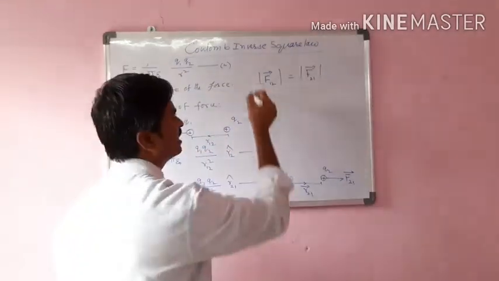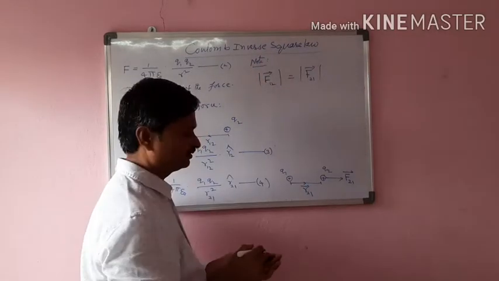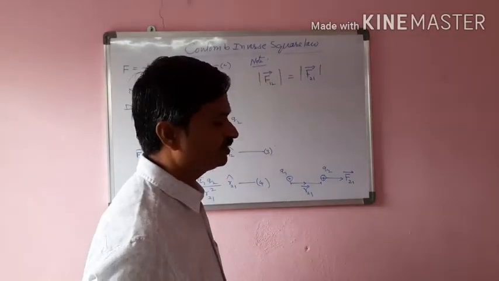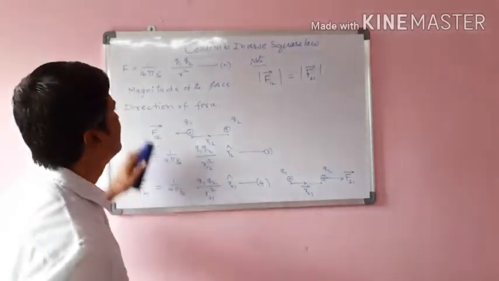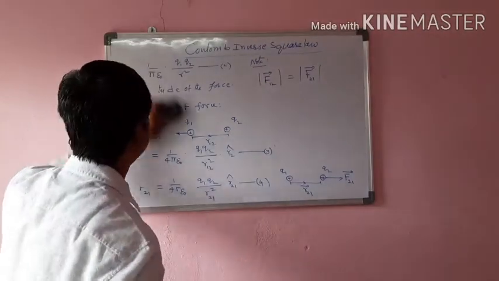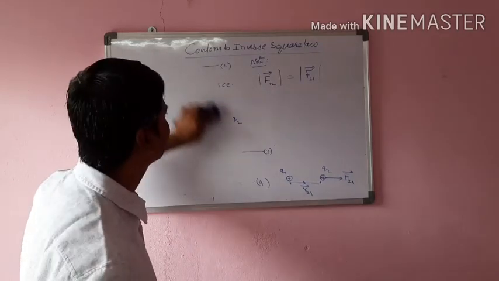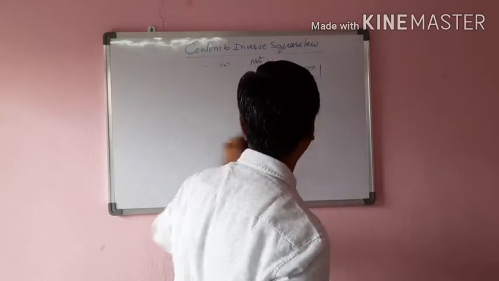This is from Newton's third law. Here we understood something about the force acting between the two charges and Coulomb's inverse square law. Now, let us solve one problem based on this.